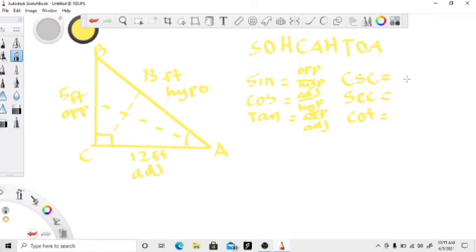It's just like the other one, but reversed. For example, sine is opposite over hypotenuse, and the opposite of sine is cosecant, which is reversed into hypotenuse over opposite. Same as the others, cos is adjacent over hypotenuse, the reverse is hypotenuse over adjacent, and tan is opposite over adjacent, and the reverse is adjacent over opposite.